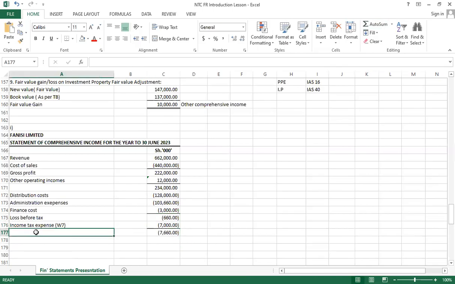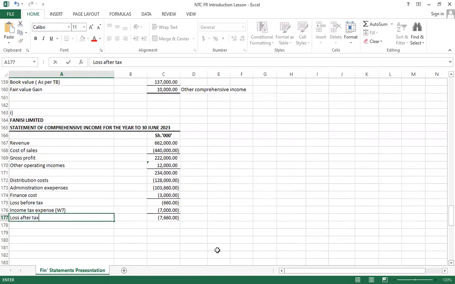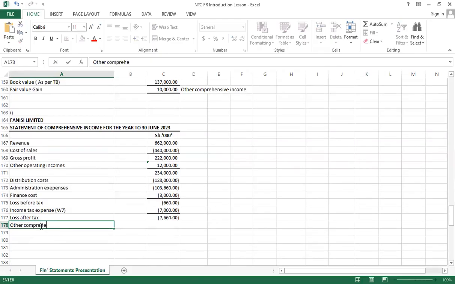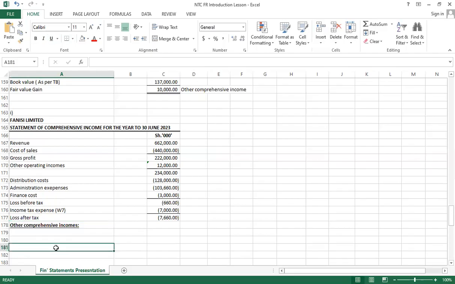So with that we get our loss after tax. At the point of our profit or loss after tax, you then introduce what we have called the other comprehensive incomes.